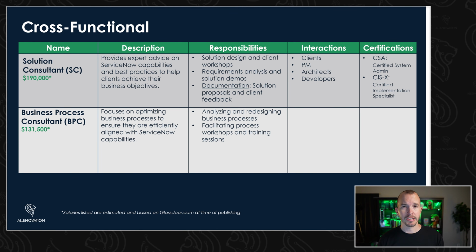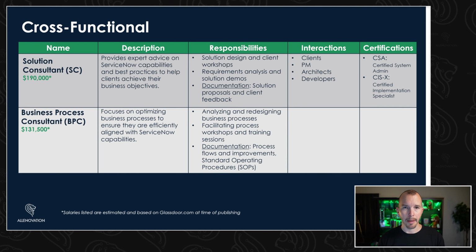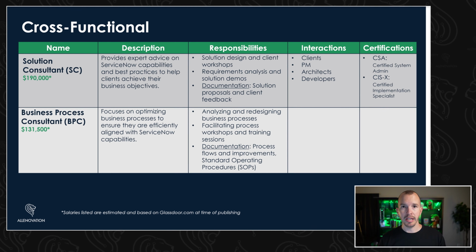So these people can still be technical. They can still know the platform, but again, they're a very different type of people. These are business process consultants. And so for the documentation, they're really going to be looking at process flows, improvements, and what I'm calling your standard operating procedures, a common term in the military, your SOPs. For process flows, these are going to be, like you probably can guess, visual representations of those business processes to identify areas of improvement.